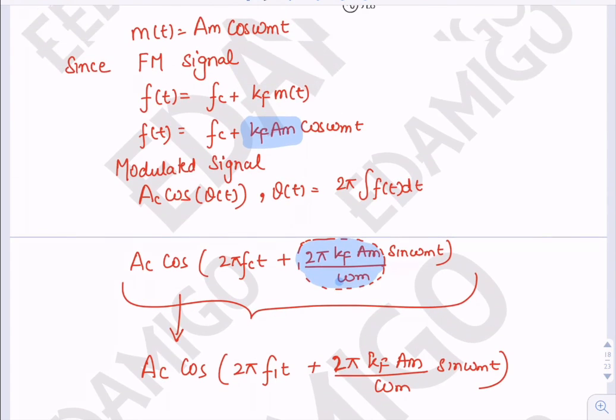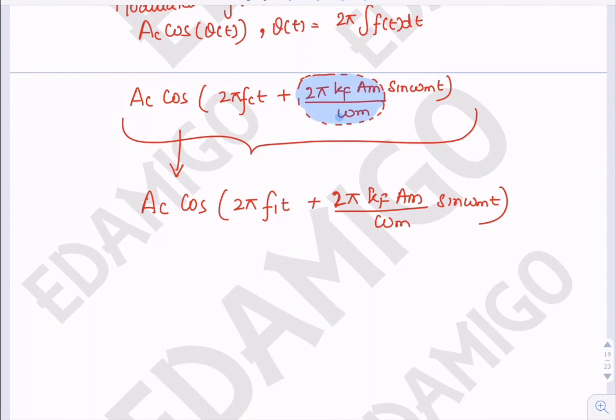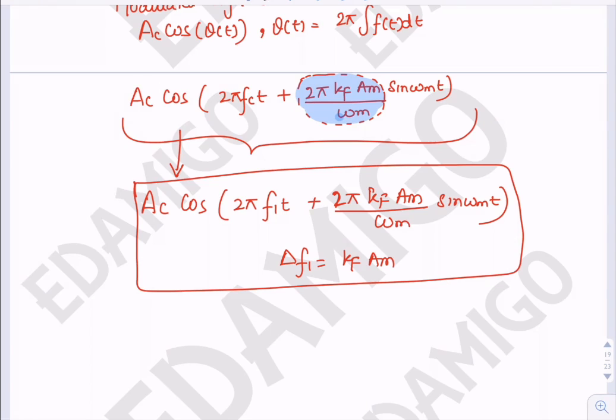And we can see that the frequency deviation is kf into Am. So delta f1 is equal to kf into Am. So this is the NBFM.